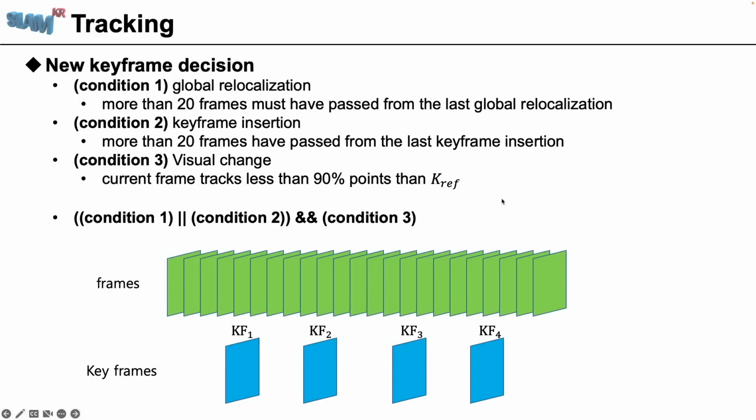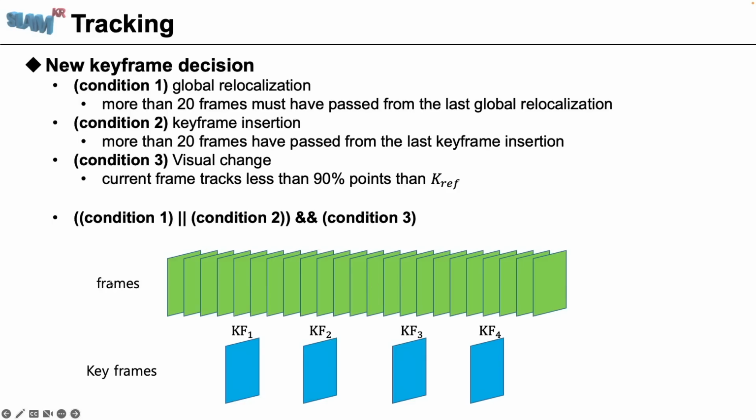So the point is, this module tries to select a novel view. Novel means new or distinctive, a scene different from the other general frames.